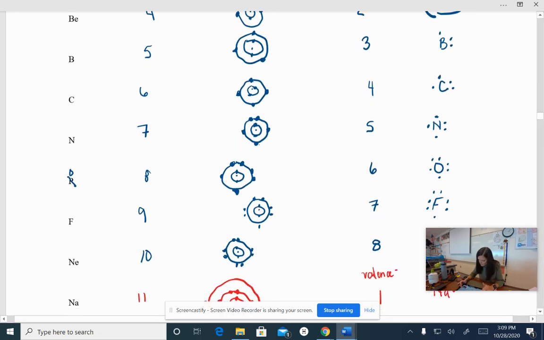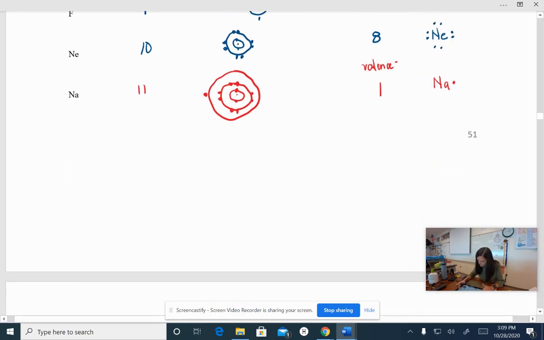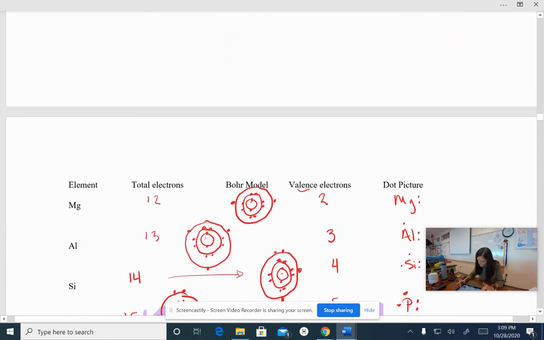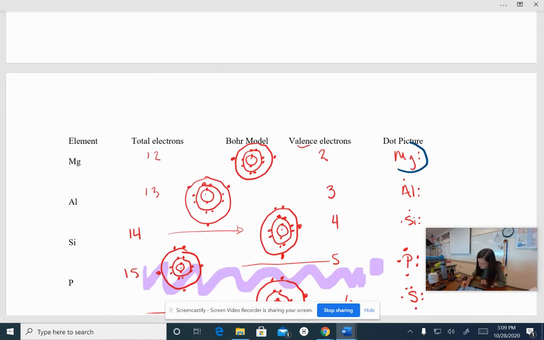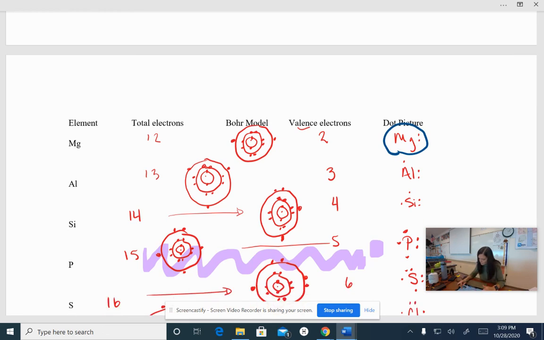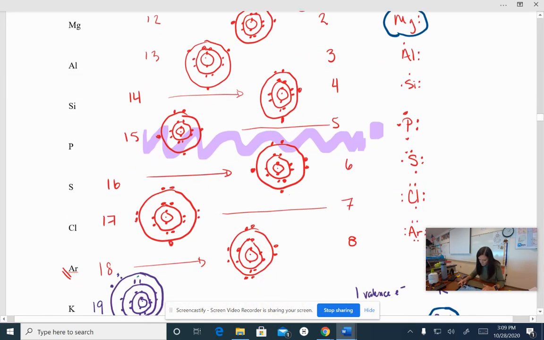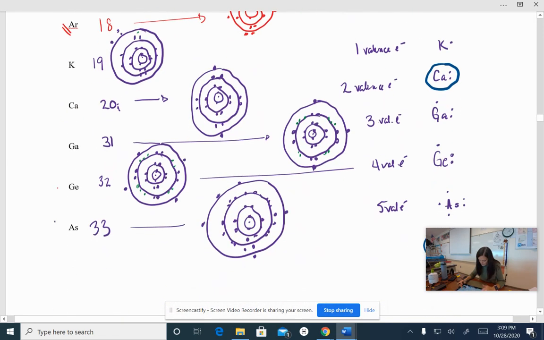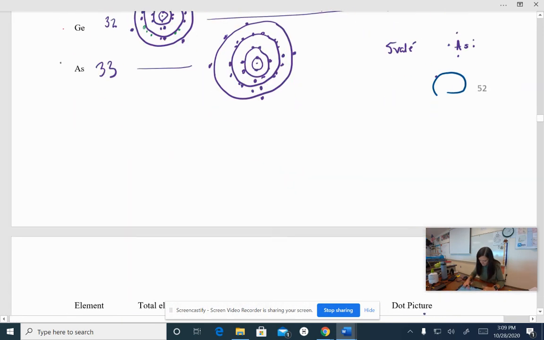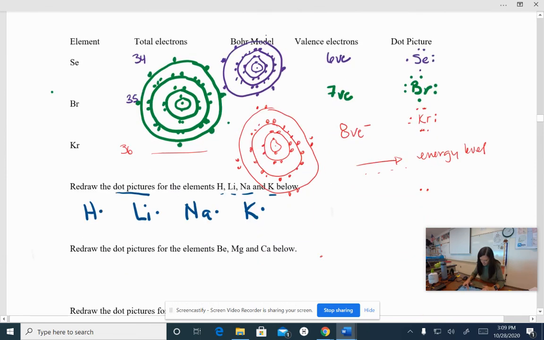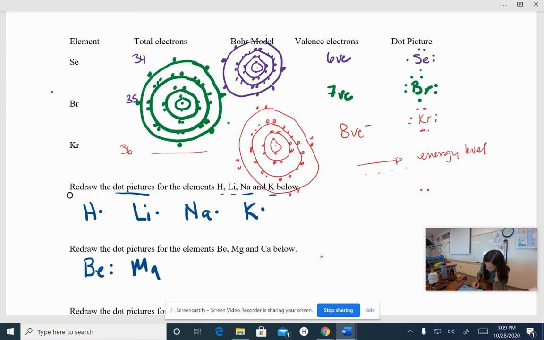I skipped magnesium somewhere along the way. Here's magnesium. Magnesium also has 2. So beryllium had 2, magnesium had 2, and calcium had 2.